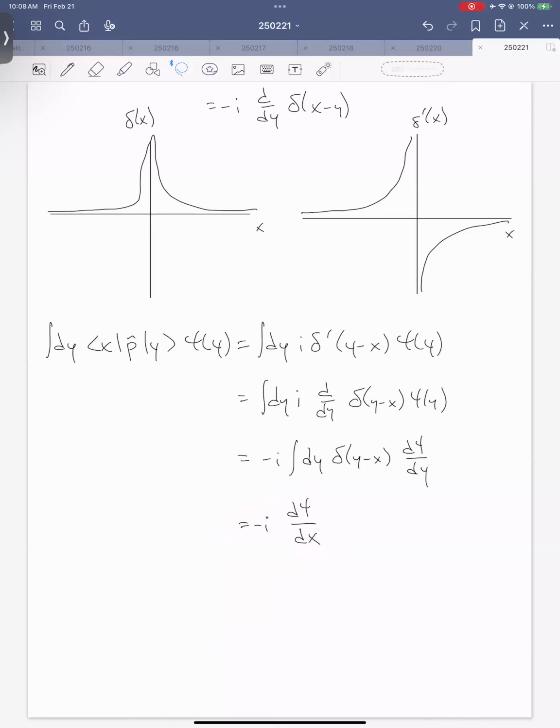Okay, so maybe as another example, I'm getting a little bit ahead of myself in terms of the postulates. I'm trying to go through the postulates order by order. The last is the time-dependent Schrödinger equation.